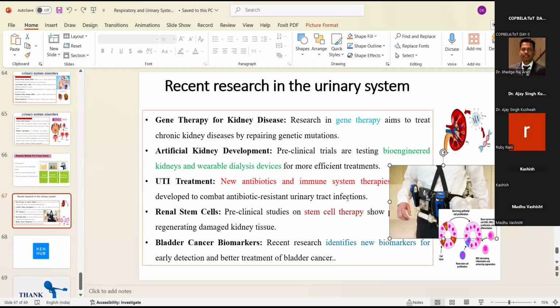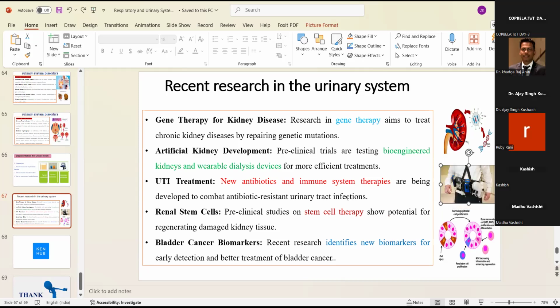This is also going to be used clinically. Next, UTI treatment: new antibiotics like the cephalosporin or ciprofloxacin category, and some immune system therapies are also being developed by scientists, and they are under clinical trials for the treatment of antibiotic resistance in urinary tract infection. Next, stem cell therapy.